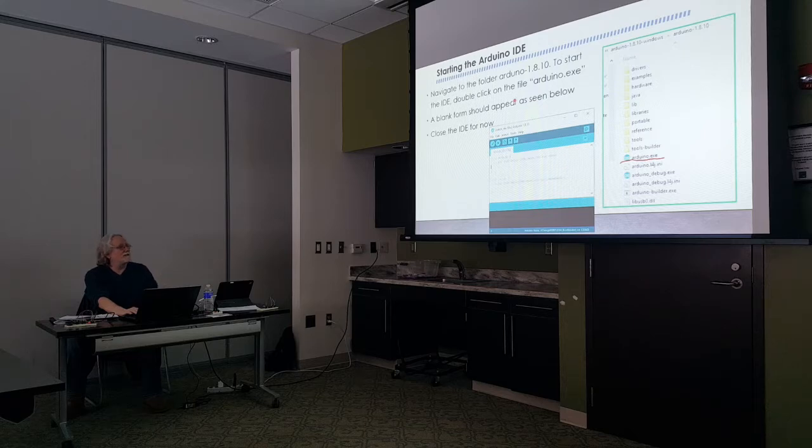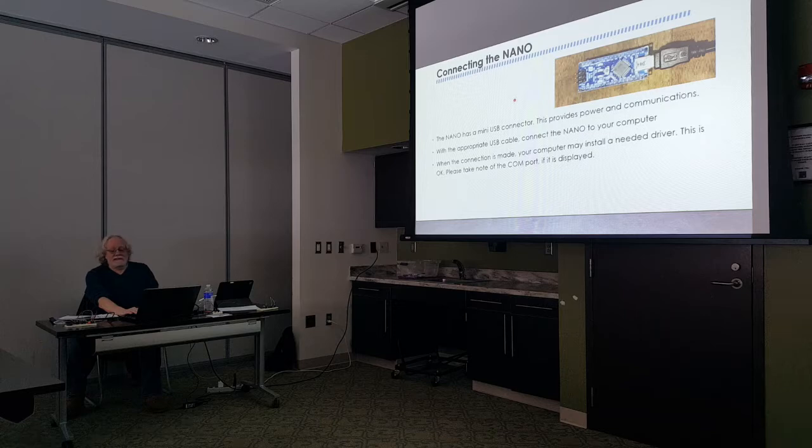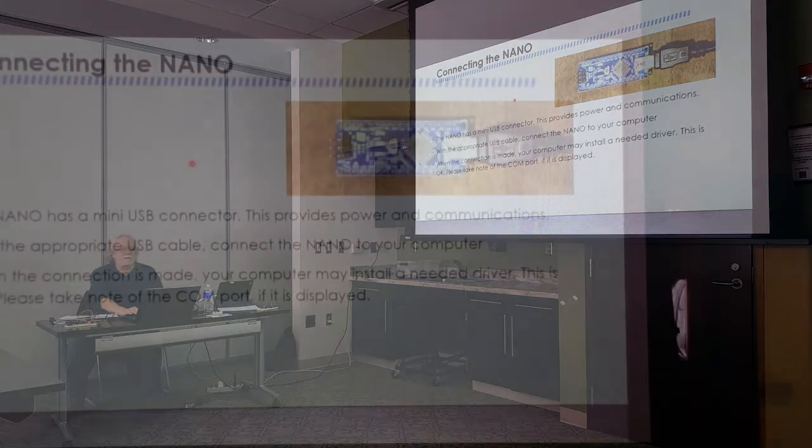So there, how do you start? You click on the EXE. The Nano, or any of the Arduino controllers, you just plug them into the USB port, they power up and they're running. So if you don't need any hardware, it runs by itself. So there's the blinky program. The LED will blink. You don't need any hardware put around it.